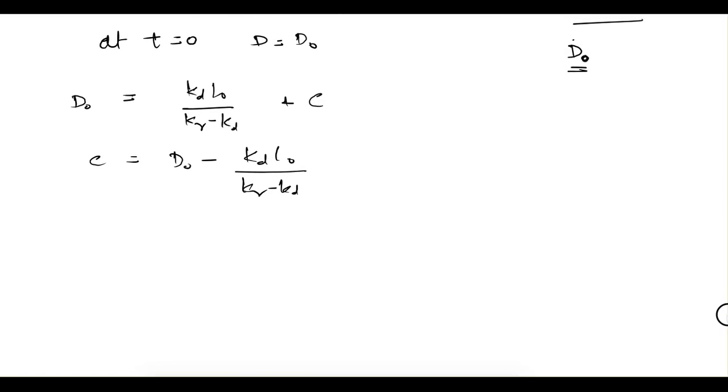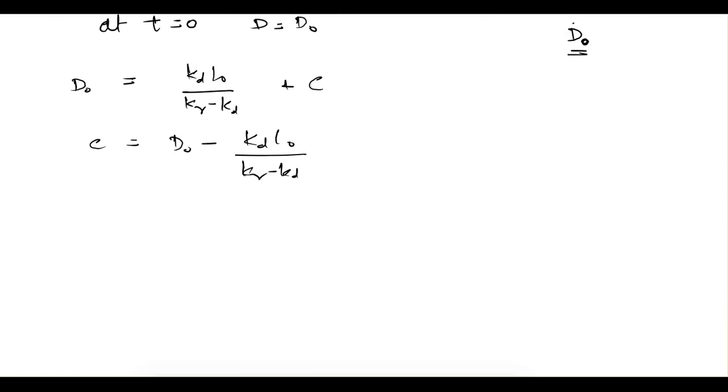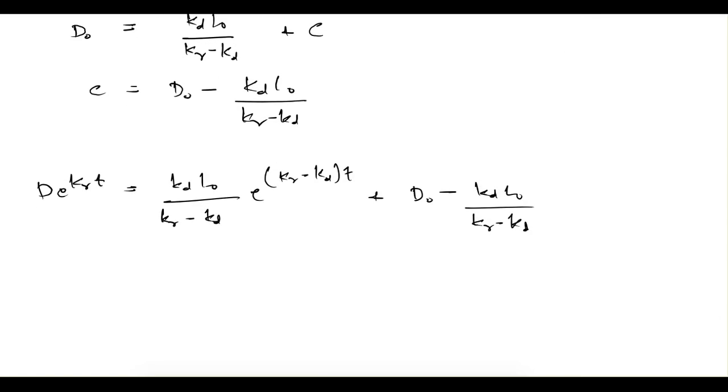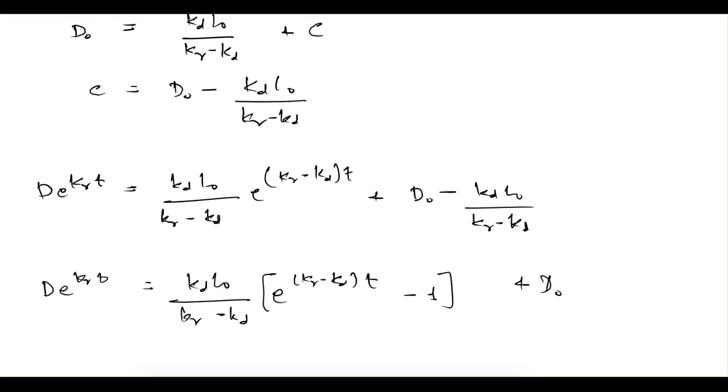So if you put this back here, D e to the power kr into t is equal to kd L naught divided by kr minus kd into e to the power kr minus kd into t, plus D naught minus kd L naught divided by kr minus kd. So you can take this common: D e to the power kr into t is equal to kd L naught divided by kr minus kd into e to the power kr minus kd into t minus 1, plus D naught.